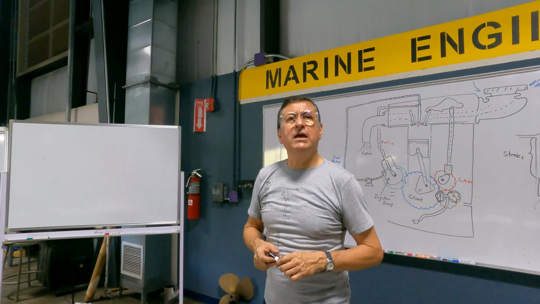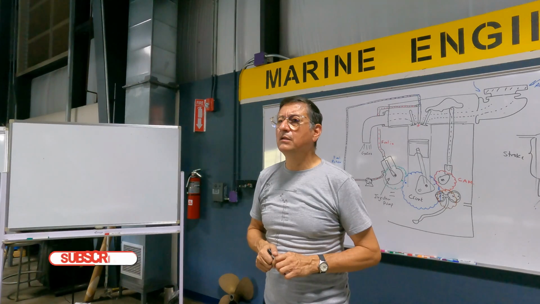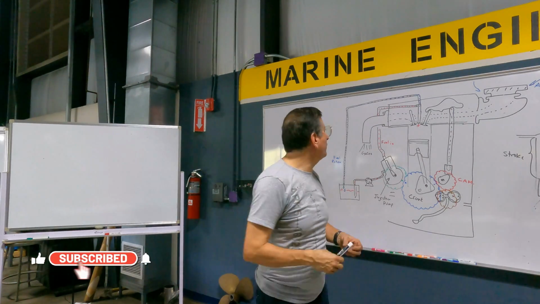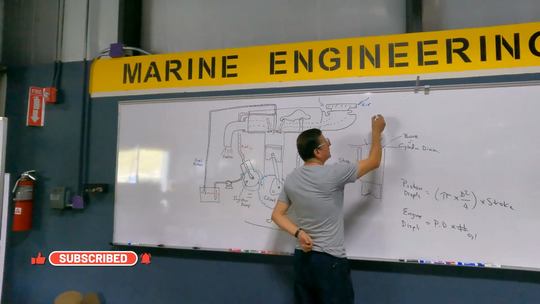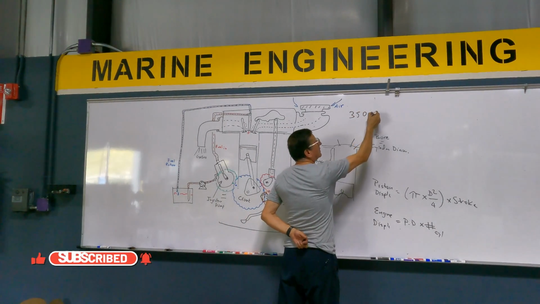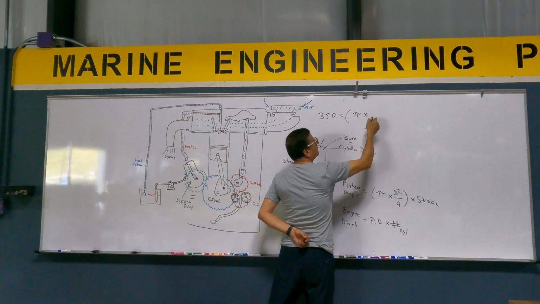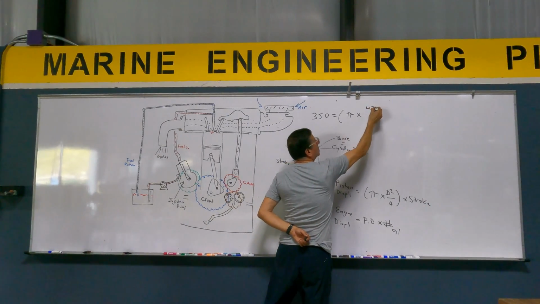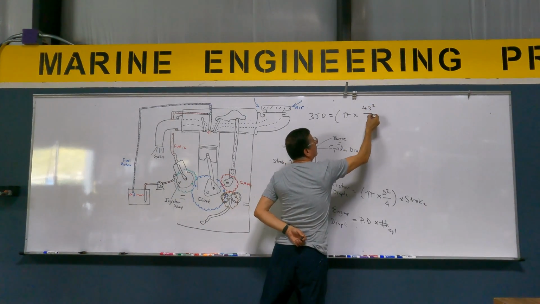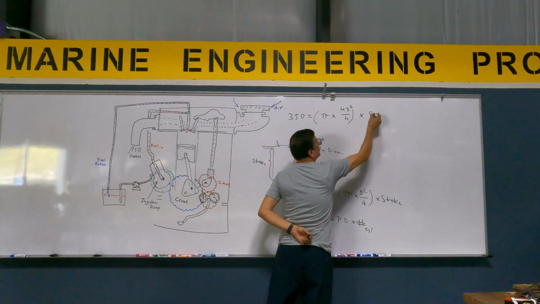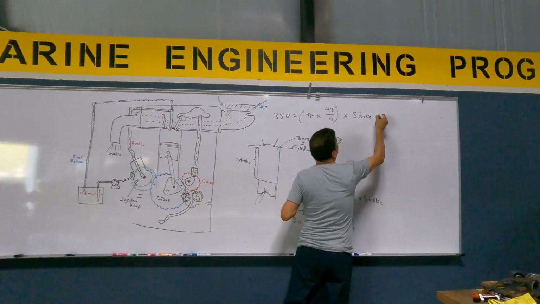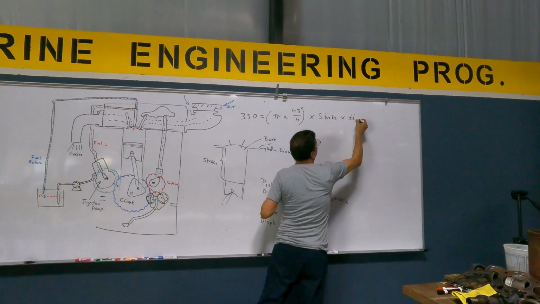Can I know the stroke? Yes, you calculate the formula. Pay attention. In that particular case, you say 350. The engine displacement is equal to pi times the bore, 4.3 squared divided by 4 times the stroke and times the number of cylinders. Times the number of cylinders.